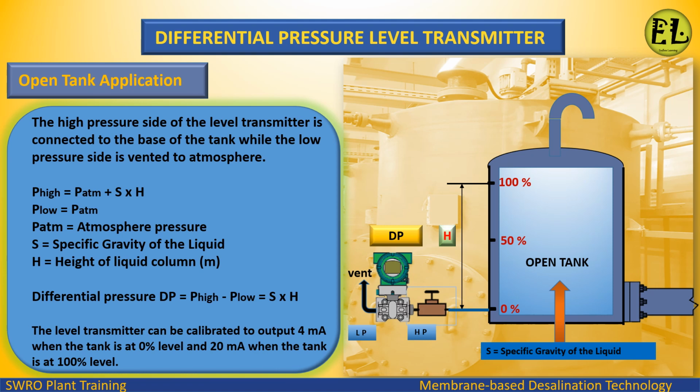Differential pressure dP equals P high minus P low equals S x H. The level transmitter can be calibrated to output 4 mA when the tank is at 0% level and 20 mA when the tank is at 100% level.